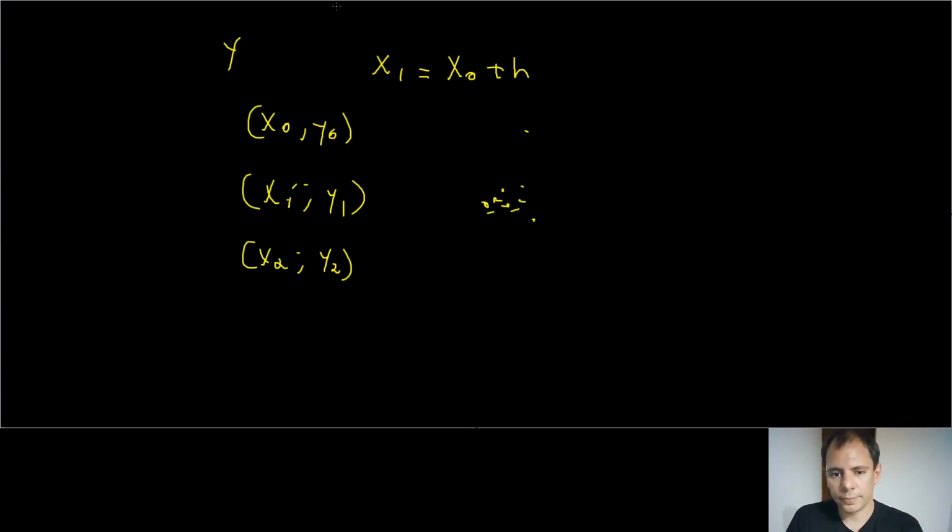That's the step. So how do you find this stuff? Okay, well, here you go. The xi is going to be, you're going to start from x0, right? But xi is going to be x(i-1) plus h.